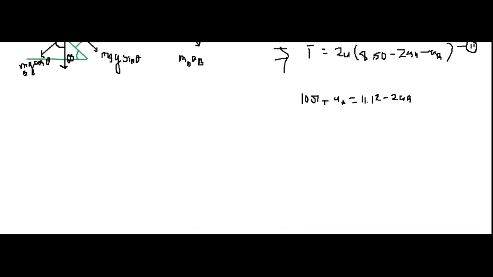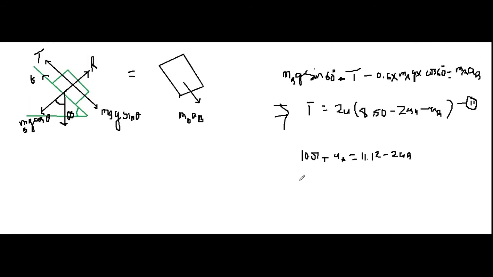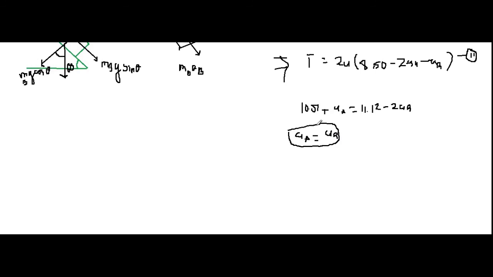Since we have already determined that AA equals AB, neglecting the sign, if we put AA equals AB, then what we obtain is 3AB equals 1.11.